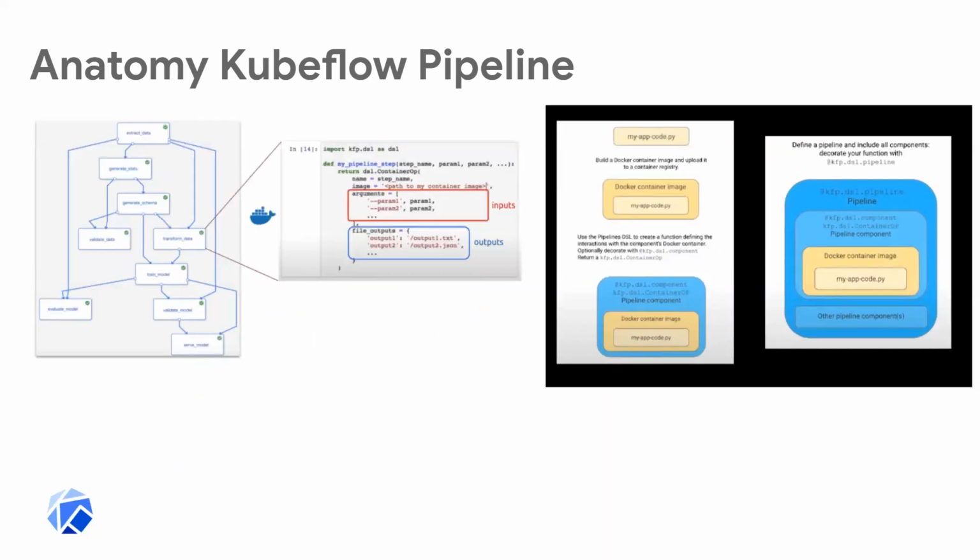Okay, for a deeper look at how it looks in code, you can see the picture on the left side, a sequence of different steps put together. Then you can transform data. In the transform data step, you can see how it consists of a function.